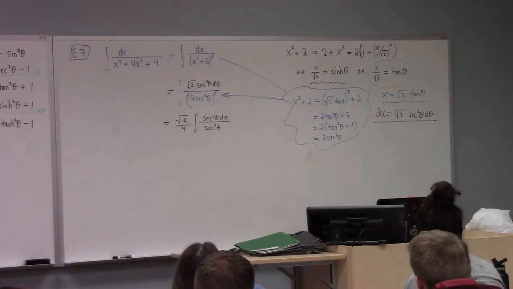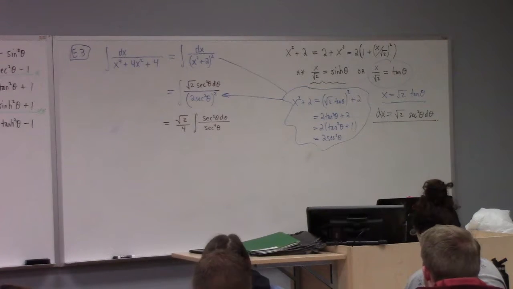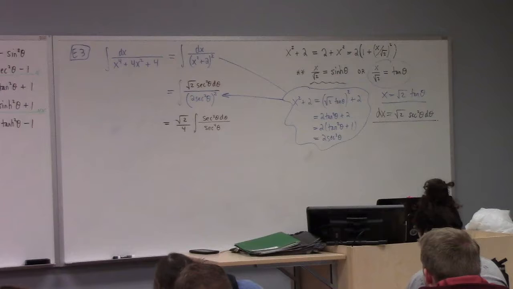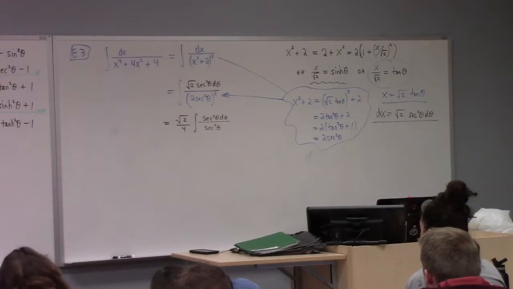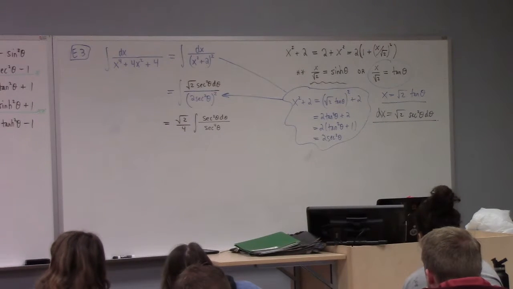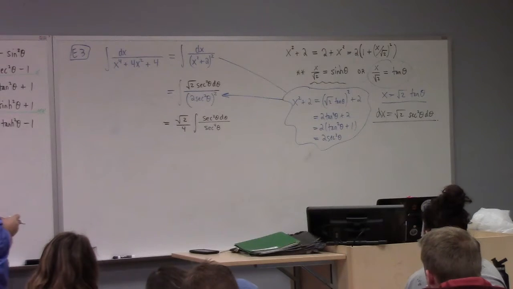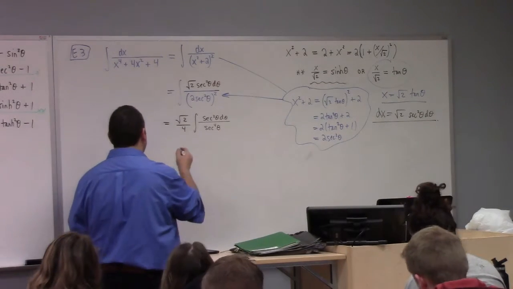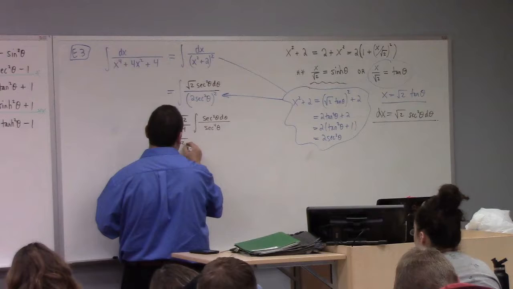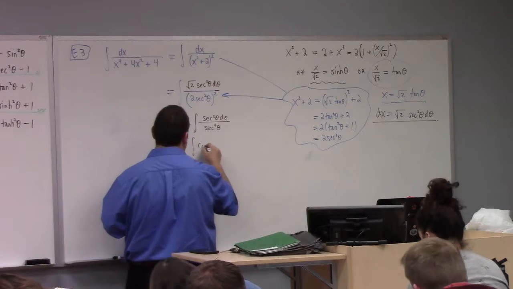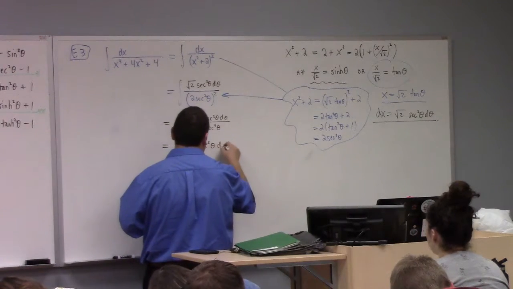How does that simplify? Looks like we've got a 1 over secant squared, right? What's 1 over secant squared? I got a sine squared, I got a tangent squared. Any other guesses? What's that? I heard a cosine squared. I will take the cosine squared theta.